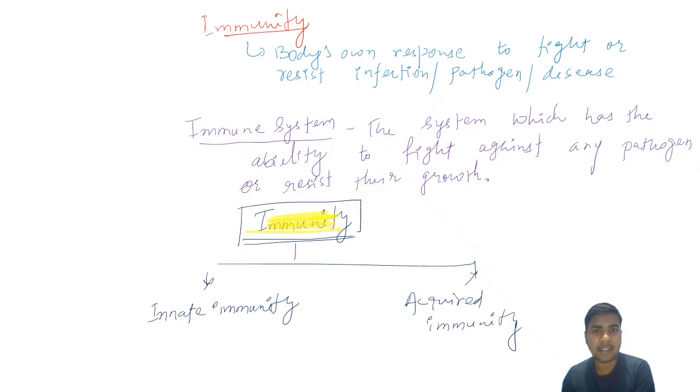Basically it can be said that it is inherited, it is present from birth, and it is non-specific. But after birth, during the course of our development, we develop acquired immunity. We will talk about both later.